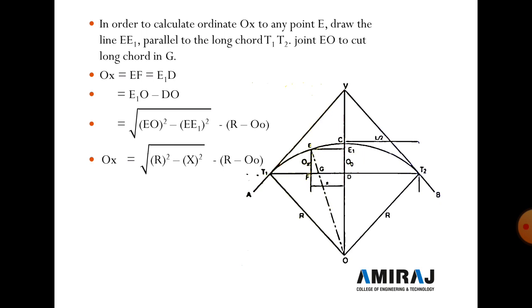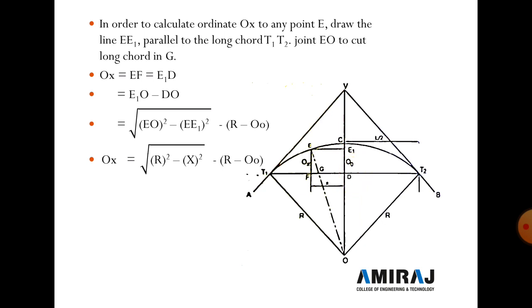E1D is equal to E1O minus OD. E1O is equal to the square root of OE square minus E1 square, a simple triangle formula, and OD is equal to R minus OO.